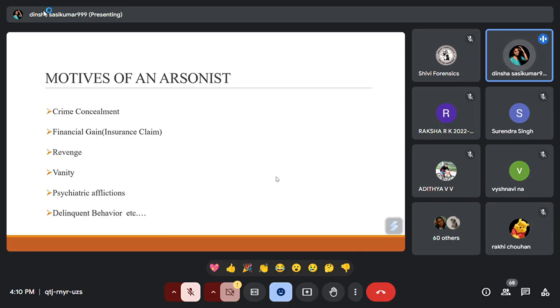The next one is financial gain, like insurance claims. For that purpose, some may cause arson. Then the next ones are revenge, vanity, or any kind of psychiatric affliction like pyromania, or any kind of delinquent behavior. So these are all examples of motives which make a person an arsonist.